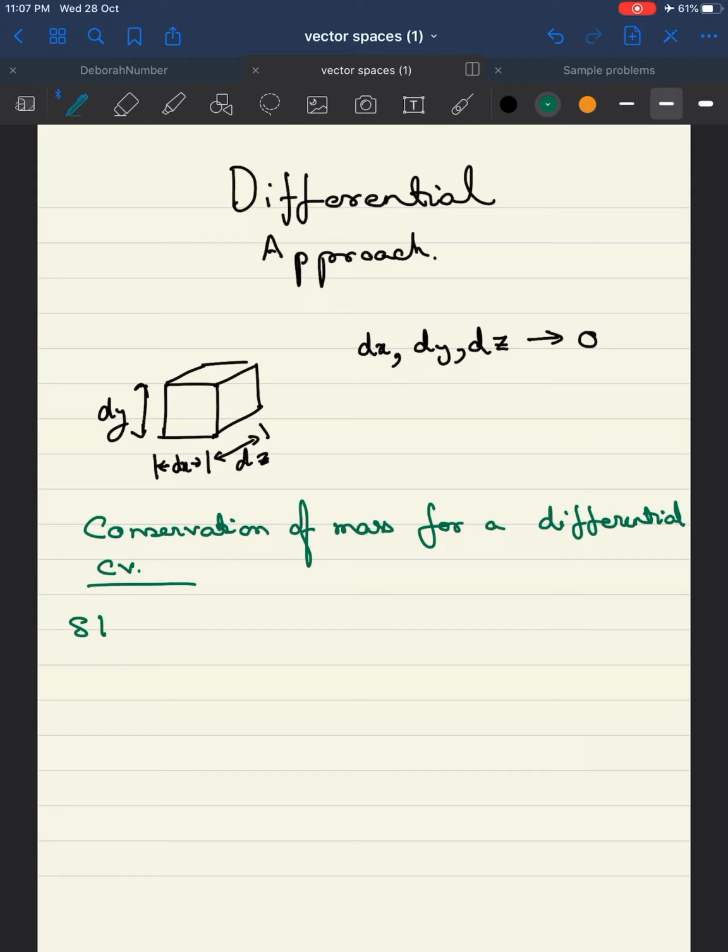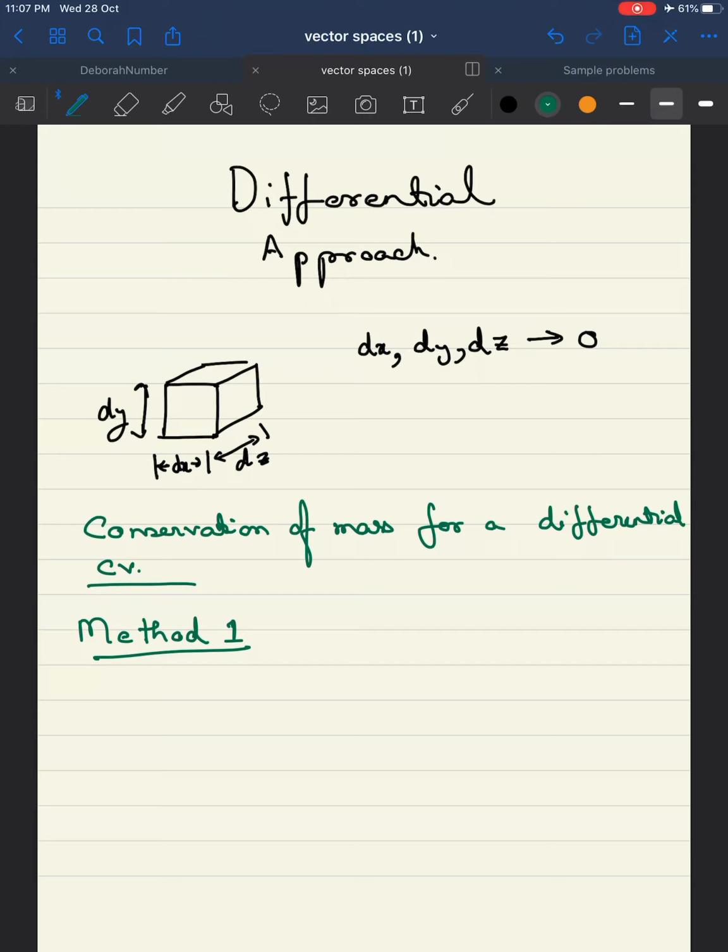Now there are two ways of doing it. The first method is to not worry about all the integral equations that we had seen, but just think of how to do our balance for a differential control volume.